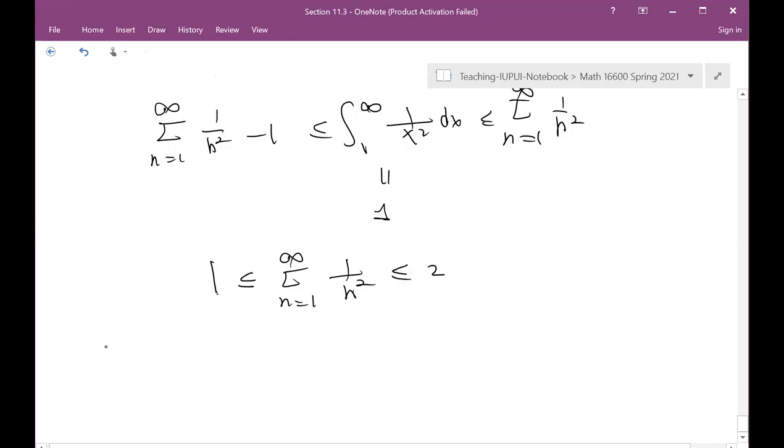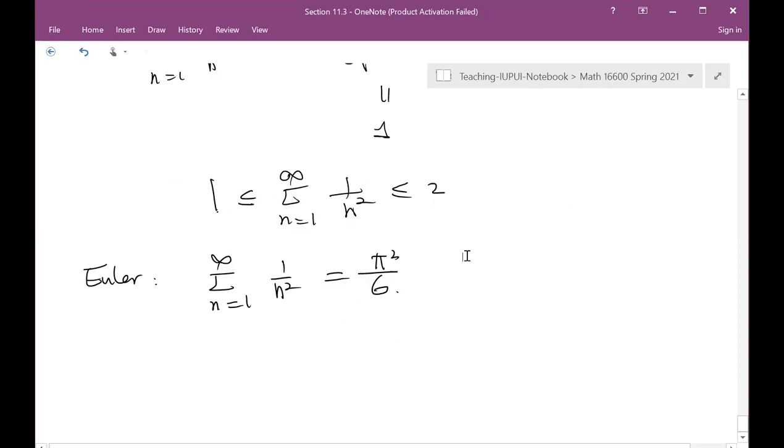Now, there is a famous mathematician called Euler. He found out this is just equal to pi squared over 6, which of course is between 1 and 2. So how did you get this, right? The limit is given by pi squared over 6.